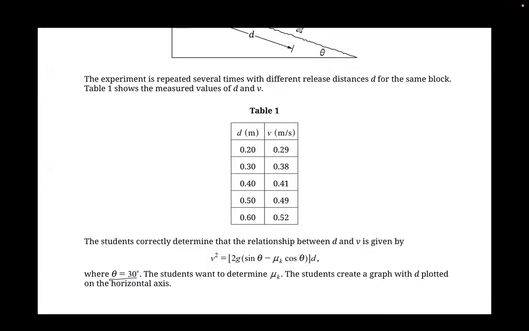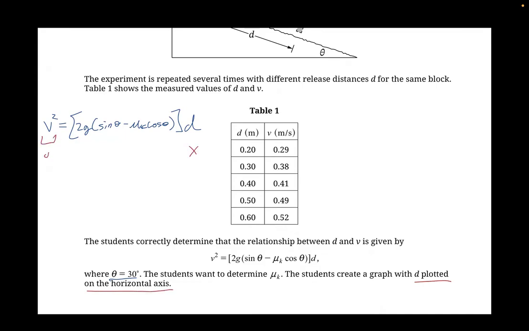Perfect. Okay, and we want to determine mu sub k. So just looking at this equation, v squared is equal to 2g times the quantity sine of theta minus mu k cosine theta, times d. Based off of that, we are going to plot d on the horizontal axis, so that's going to be our x variable.